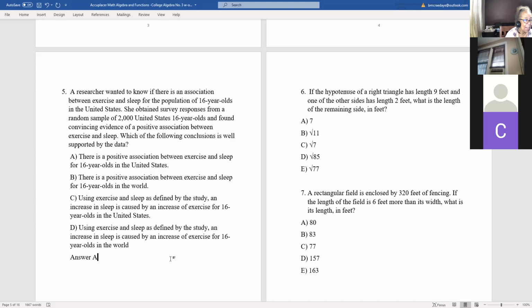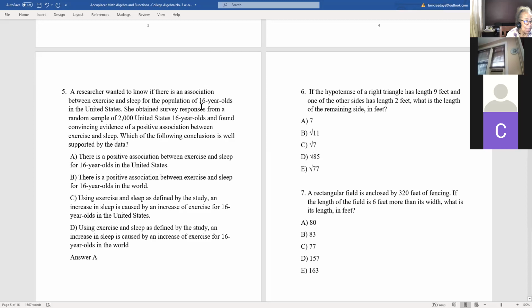Okay, exactly. But it does though. It is positive. It actually is the truth, because when you exercise, you always tend to feel tired and you rest more. That may be true, but that's not in what they said. What you're saying could be very true, but remember, which of the following conclusions is well supported by the data?